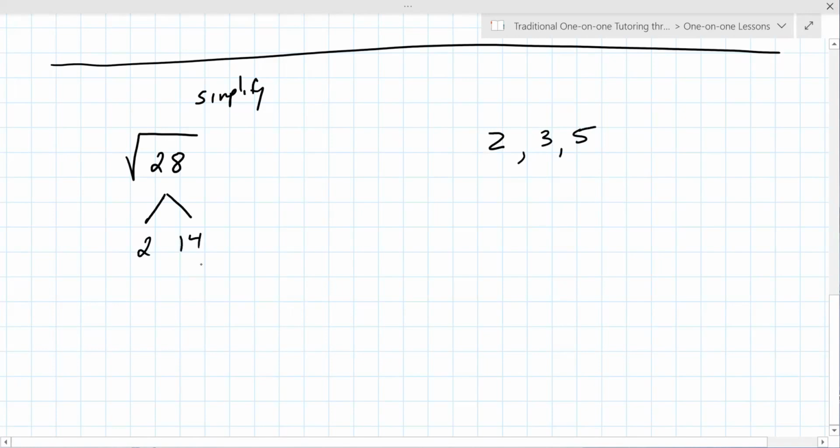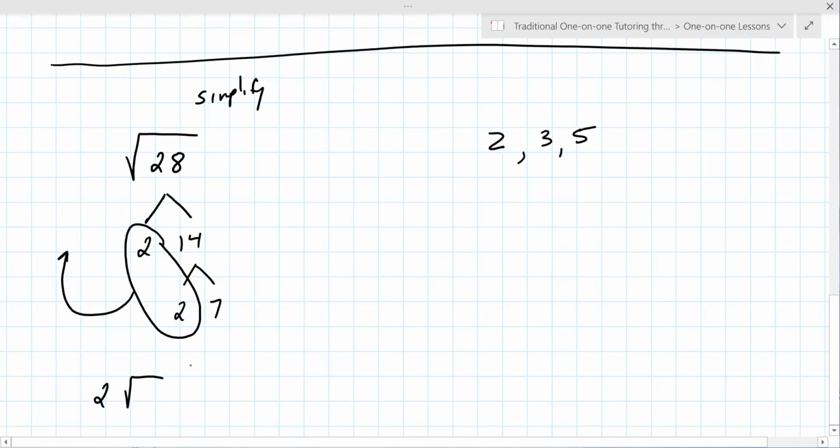Now is 14 divisible by 2? Yes, 7. So 2 and 7. You circle the pair of 2s, and in this case you bring a 2 out. So it's 2 square root of what number? What's the only number left over? 7.